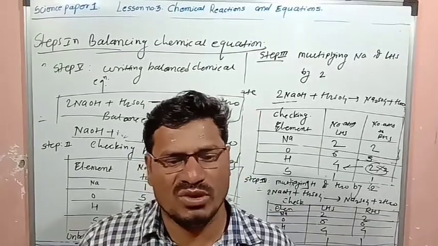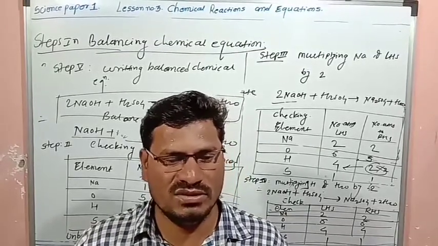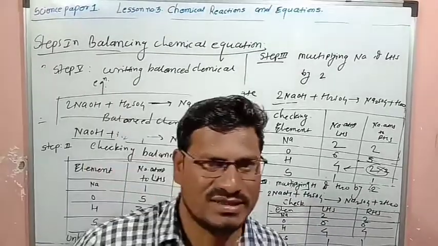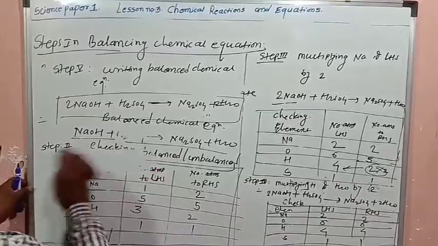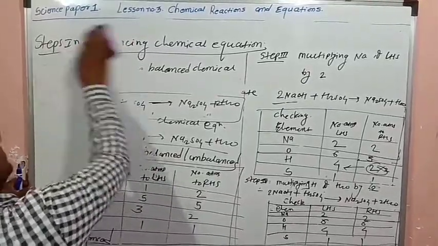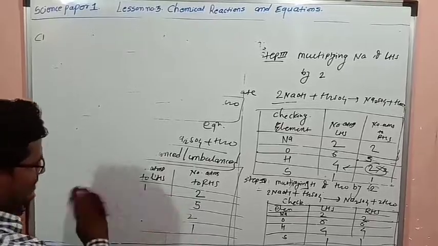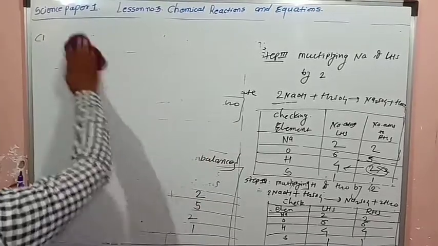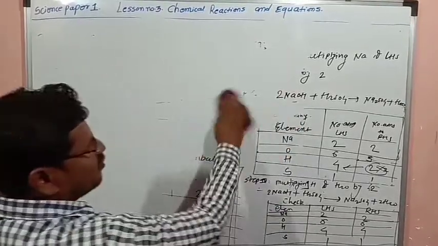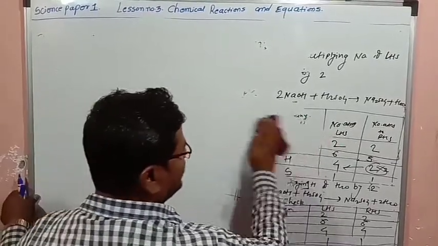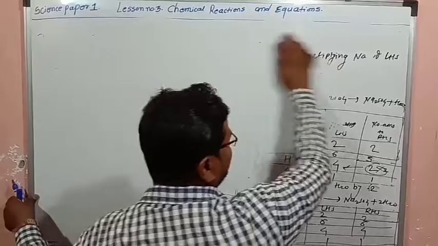So the next point we are going to study is Use Your Brain Power, in which some questions are asked. In that, one example is there. The first example is N2 plus H2, nitrogen plus hydrogen, and it gives NH3, ammonia.